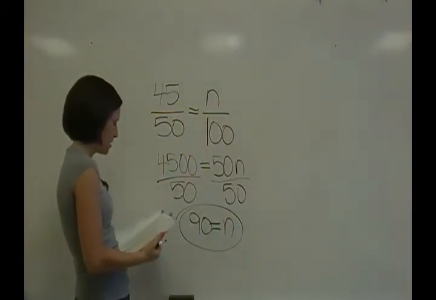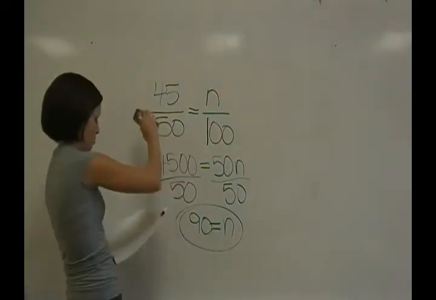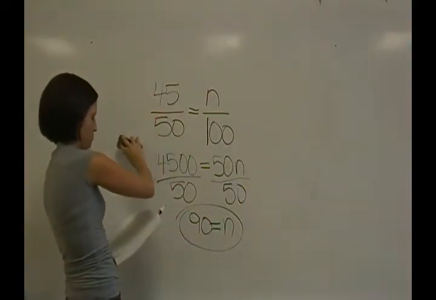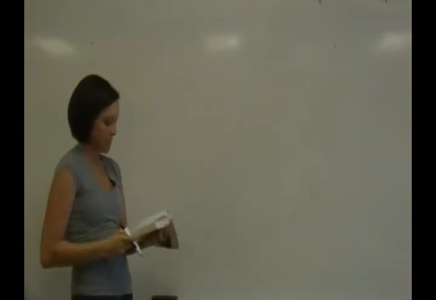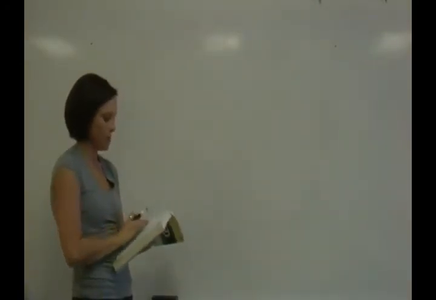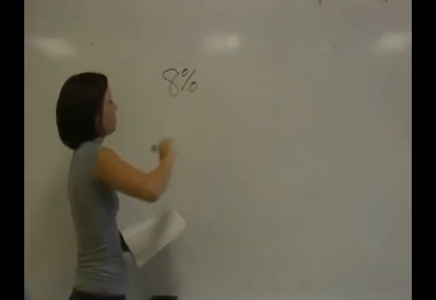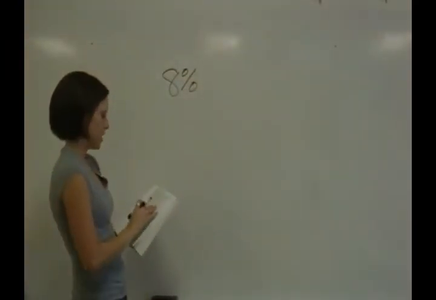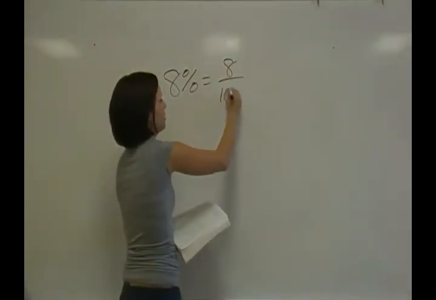The next problem will be changing percents to decimals, which is number 23 is what we did. So let's look at number 23. This says 8%. What is 8% written as a decimal? We have 8%. Again, it is a ratio, so you can write it 8 over 100.